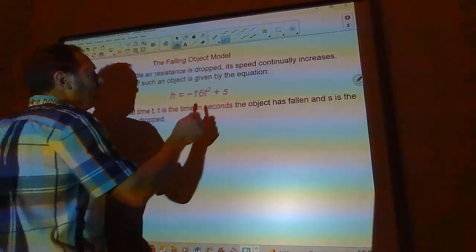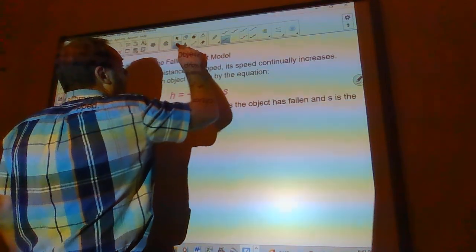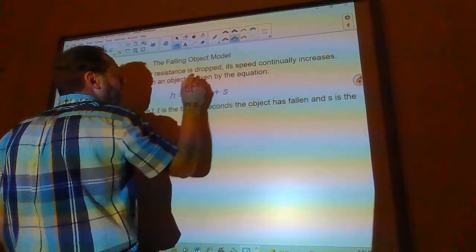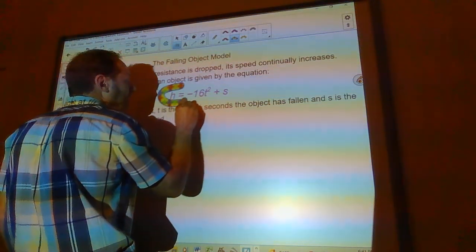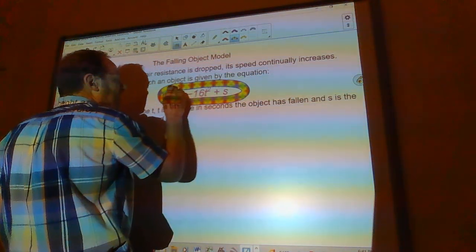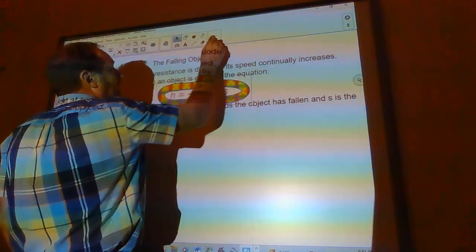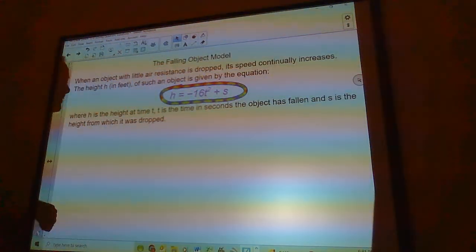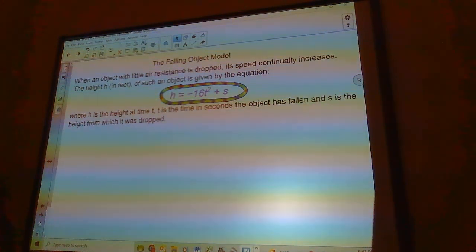I would know this formula right here. Okay, so let's put some special color around it. There we go. Okay, so I would know that formula right there.